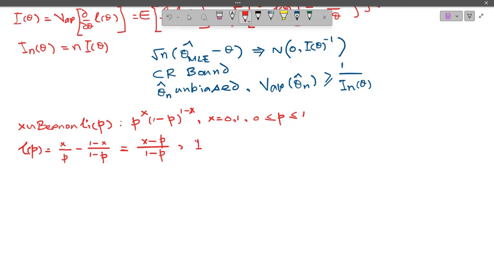So I p is the variance of x minus p by p into 1 minus p.